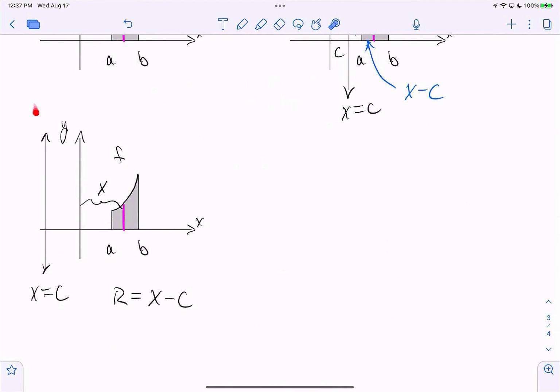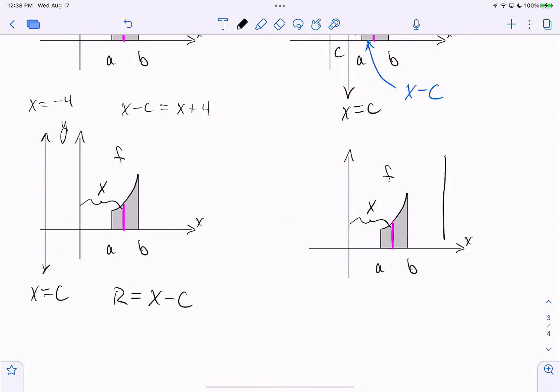And so if this is something like x is equal to, say, negative 4, then x minus c is equal to x minus a negative 4, so x plus 4. That should make perfect sense, because if this distance is x and this distance is 4, the whole thing is x plus 4. But we still have this expression, x minus c.